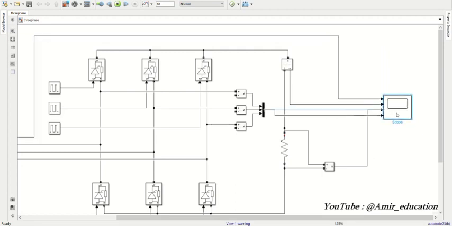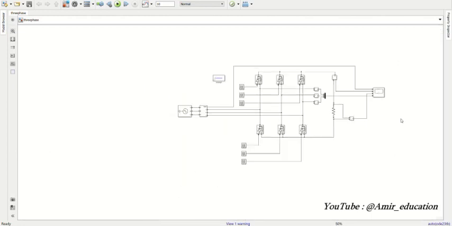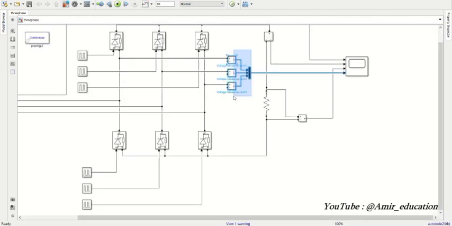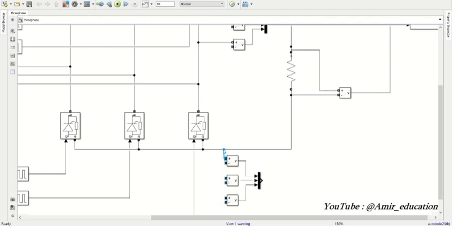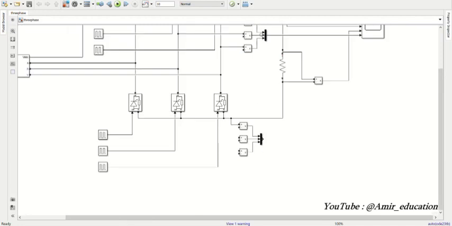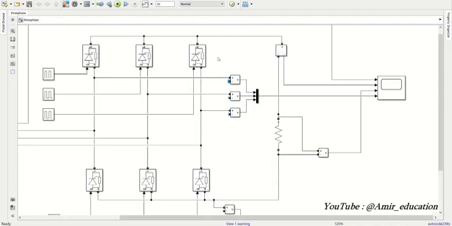And how about adding a block like this here for these thyristors? Oh, we didn't connect these ports.